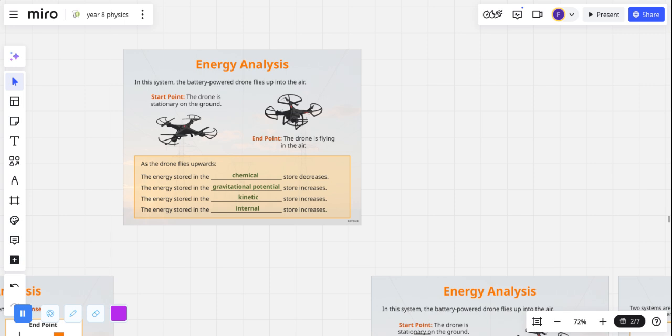As time goes by, that chemical energy in its battery decreases because the battery is using power. As it takes off, you're increasing the height off the ground. That's a key word to do with gravitational potential. So as its chemical energy goes down, its gravitational potential energy goes up.